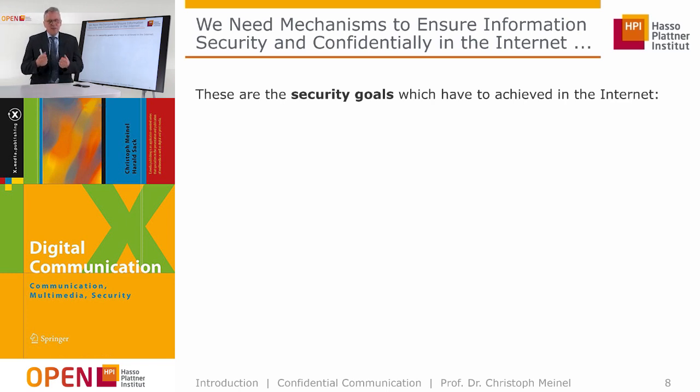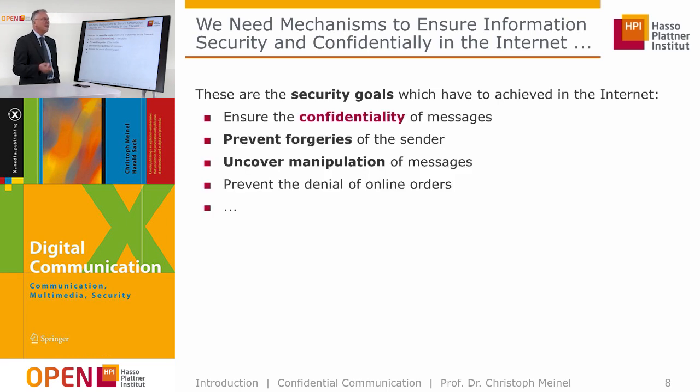We have to think, what are the goals to secure, when securing our information, our internet traffic? There are different such security goals which have to be achieved to use the internet in a secure way. So we have to ensure the confidentiality of the messages.